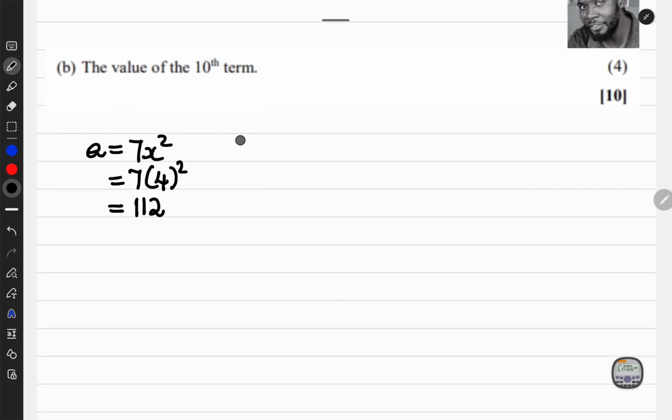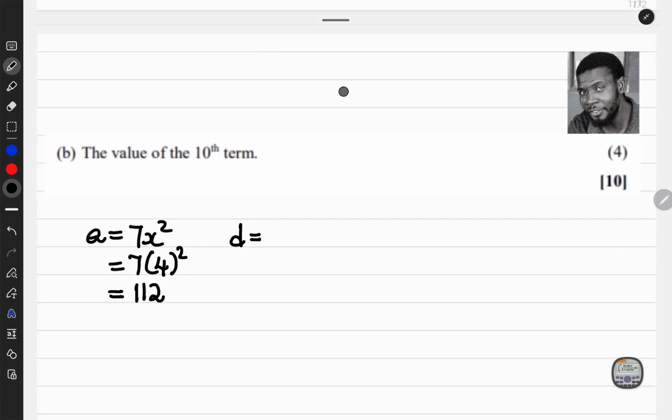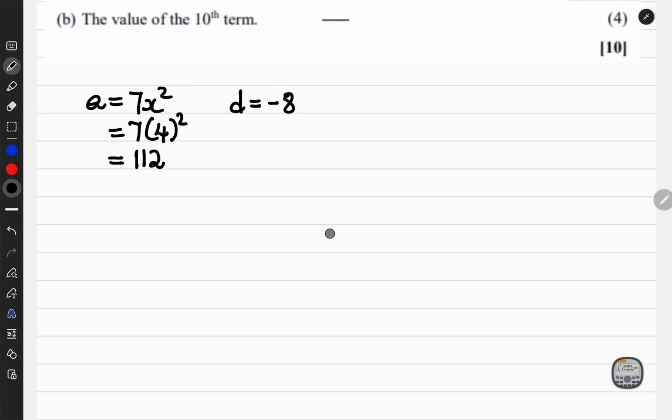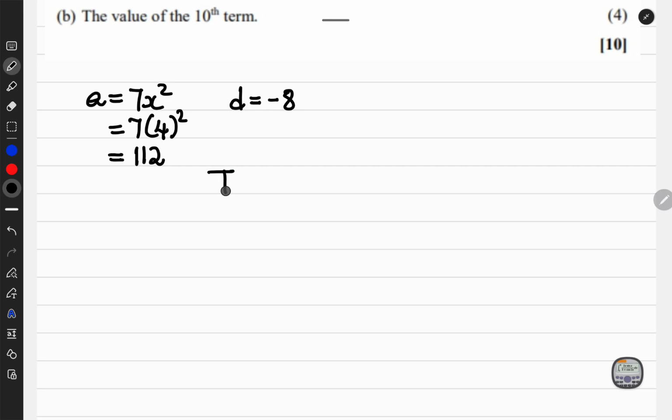And remember that we calculated our common difference to be negative 8. So we'll go to Tn equals a plus (n minus 1) times d.